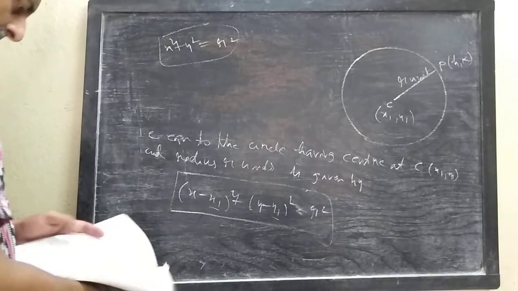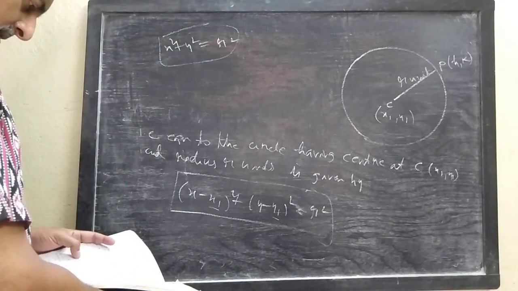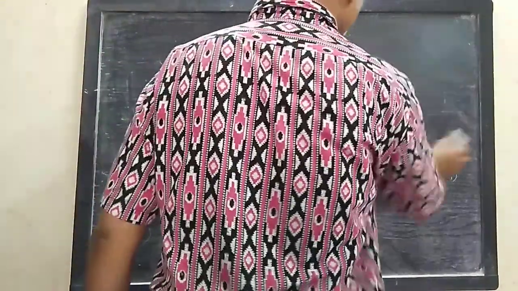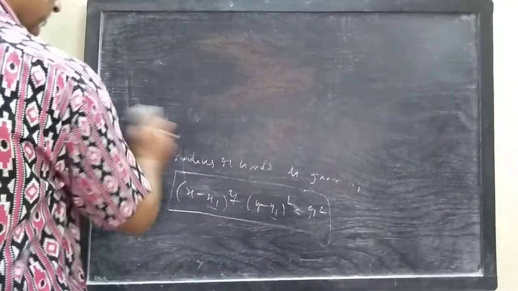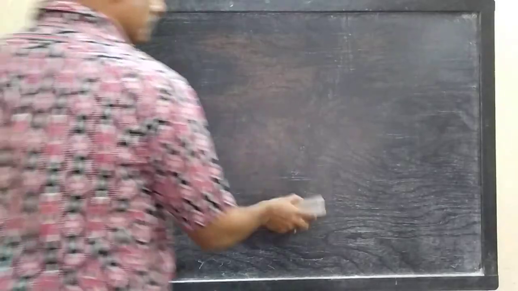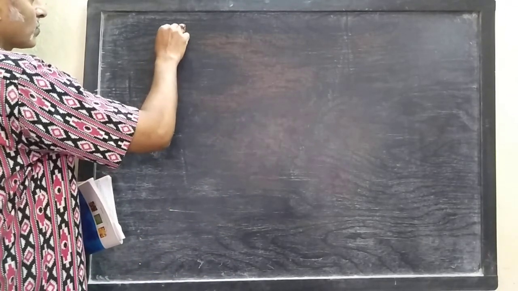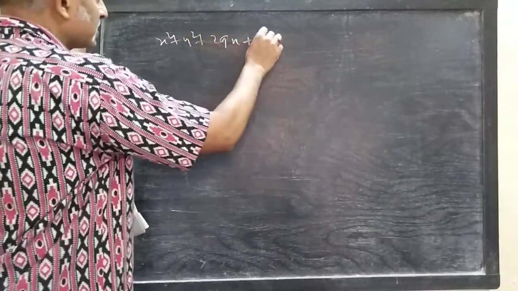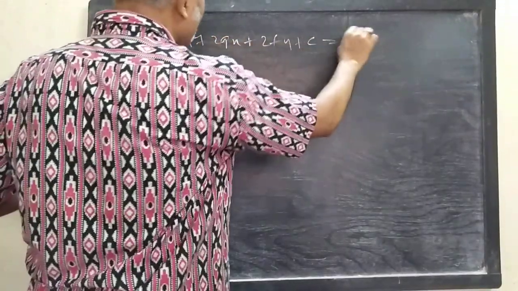Now let us go to the general equation of circle. x square plus y square plus 2gx plus 2fy plus c equals 0.